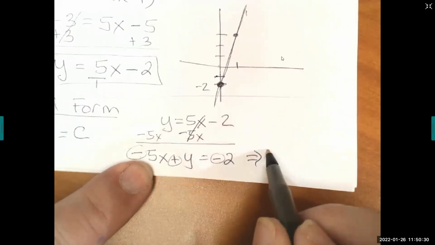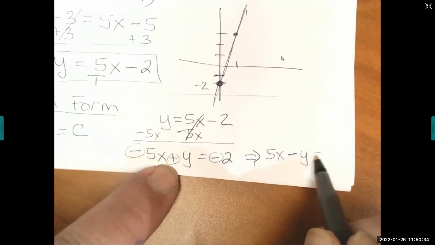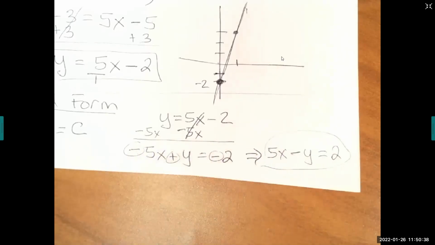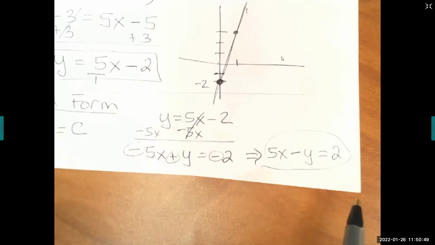So it becomes a positive 5x. That becomes a negative y. That becomes a positive 2. And there's your answer in standard form. So if you ever have to get rid of a negative, just change the signs across the entire equation, both sides of the equal sign, and there you have it.